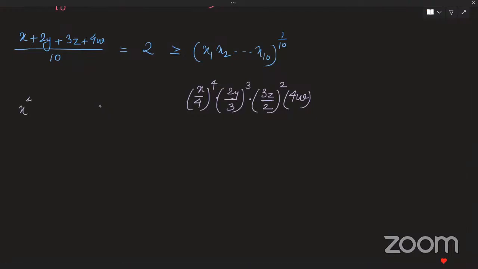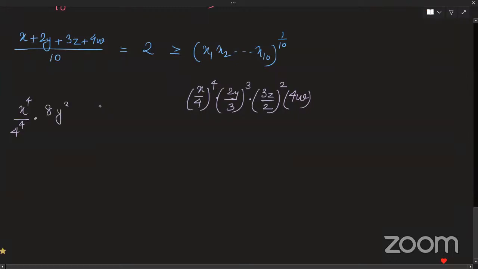So it is x raised to 4 by 4 raised to 4, multiplied by 8 y cube by 3 raised to 3, into 9z square by 4, into 4w. So this 4 and 4 got cancelled, and 9 by 3 cubed will become 3.